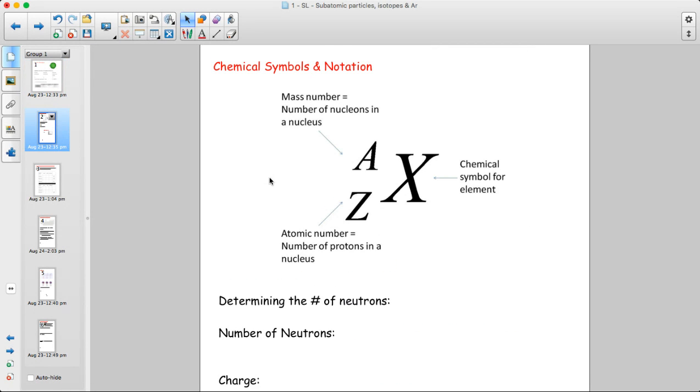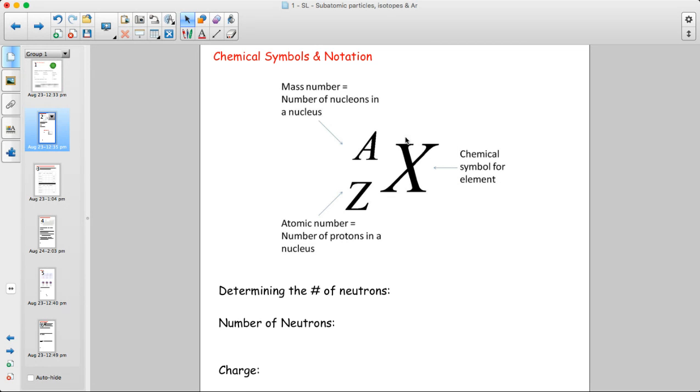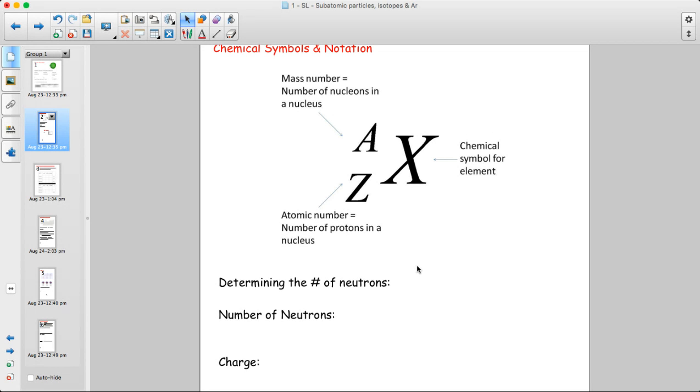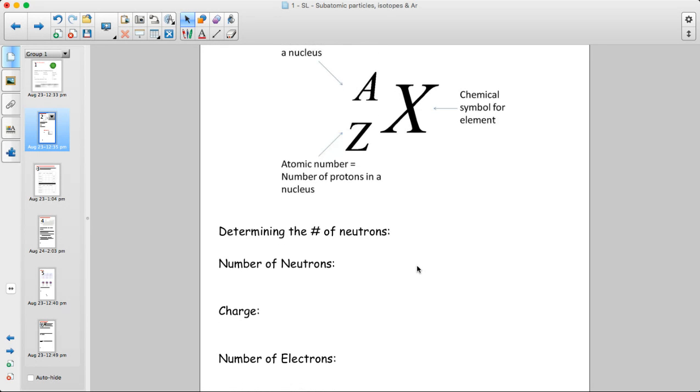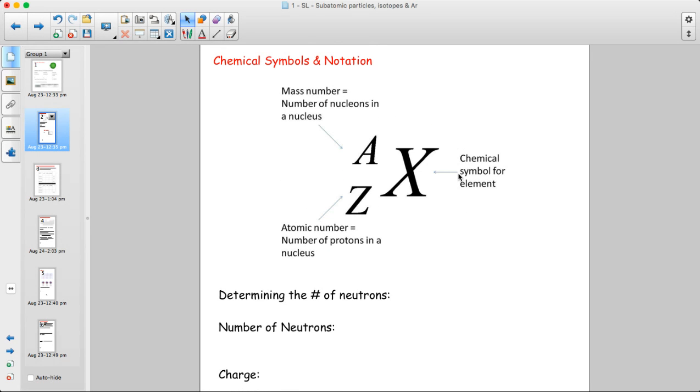A very common question type is to give you a chemical symbol, and the chemical symbol may include atomic number, it may include mass number, it also may include charge. From that symbol, you should be able to determine the number of protons, neutrons, and electrons, or you should be able to determine the charge, or you should be able to determine the mass number. Okay, so from this picture, this big X represents any chemical symbol for an element.